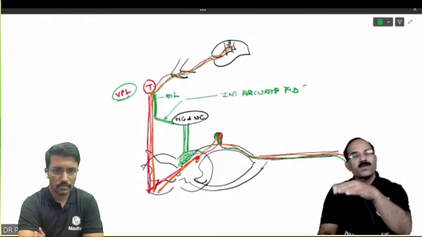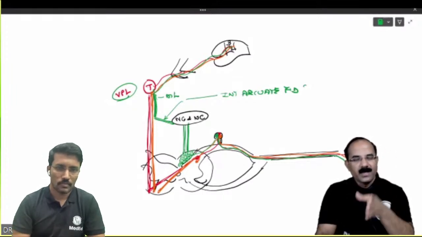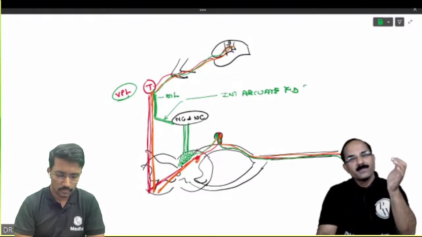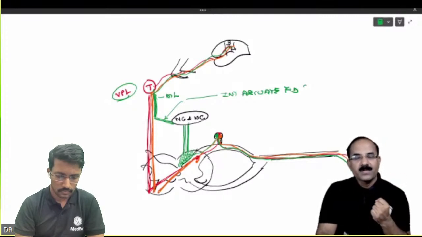They again cross to the opposite side. That means they innervate the same side. They carry sensations from the same side. First they cross, and once they reach the cerebellum, they again cross to the opposite side. So that is the anterior spinocerebellar or the ventral spinocerebellar tract. So these two spinocerebellar tracts carry the unconscious proprioception.